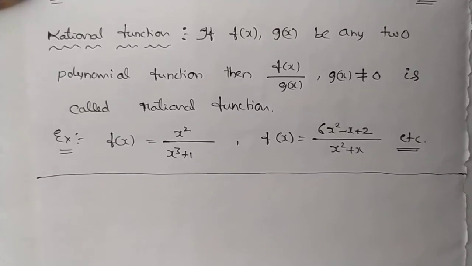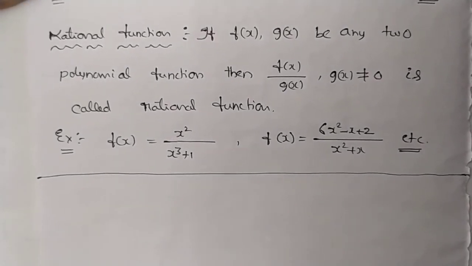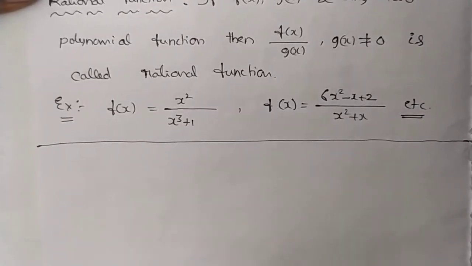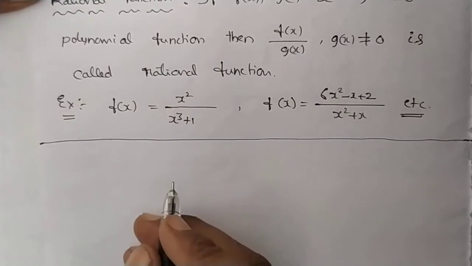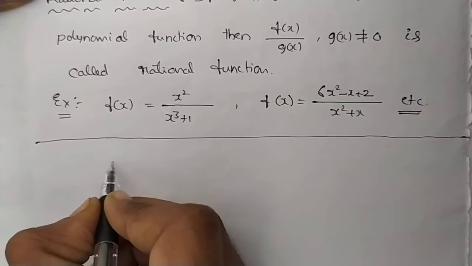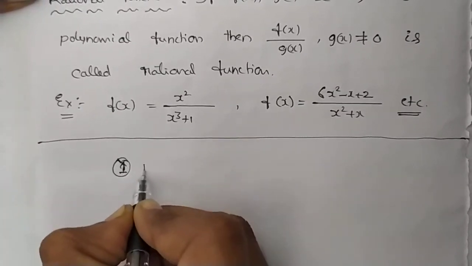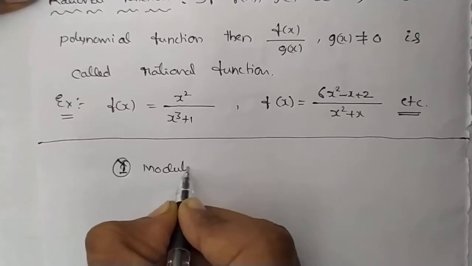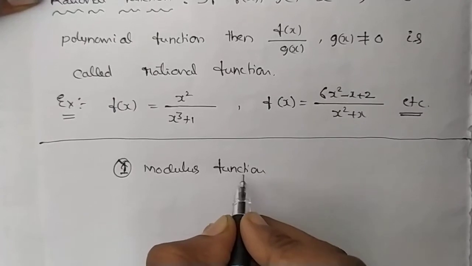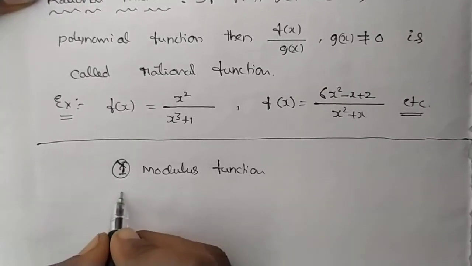We will have many more other types of functions. About the remaining ones we will discuss in our second year PUC. One more point: from these types of functions, 100% you will get 5 marks questions. The expected questions will be, the very first one, the modulus function, its definition, graph, domain and codomain, and also range.